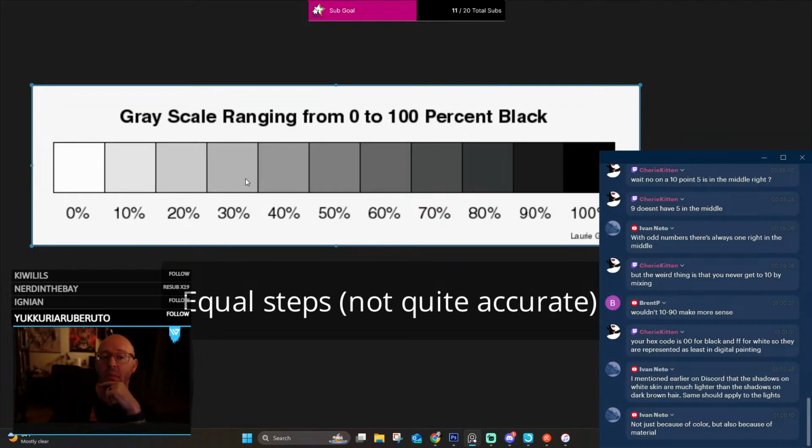Anywhere in here. Doesn't matter what the value is. These are my lights. Now my midtone, and hell, you don't even need a midtone really. Let's say my midtone is 50 and 60. Blend between those all you want. That's your midtone. And then your shadows, your darks, could be 80, 90, and 100.